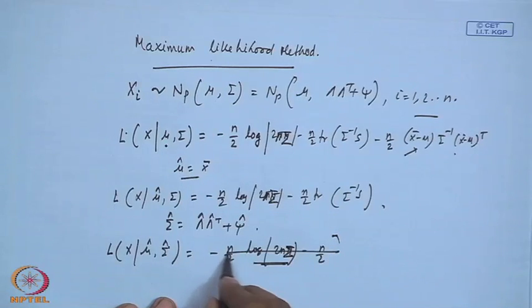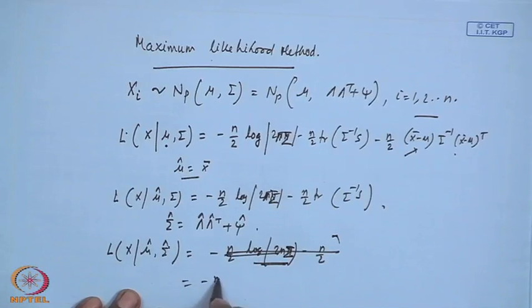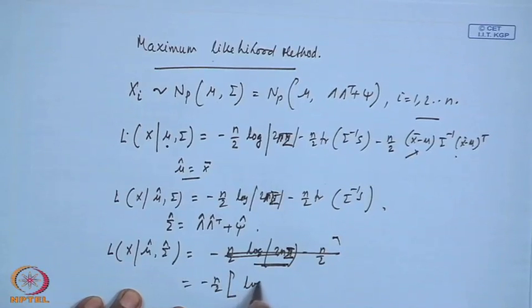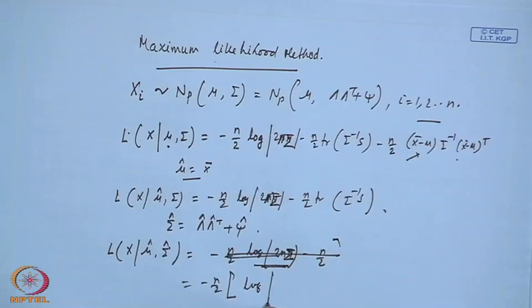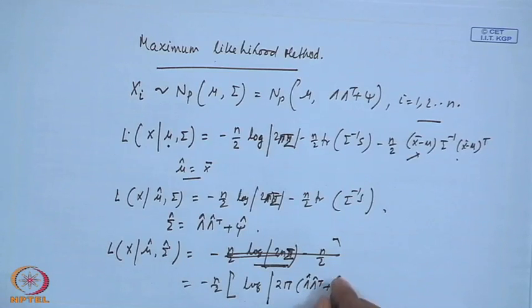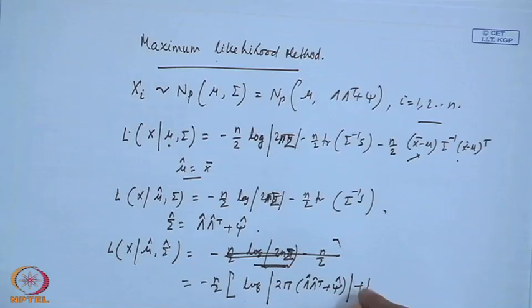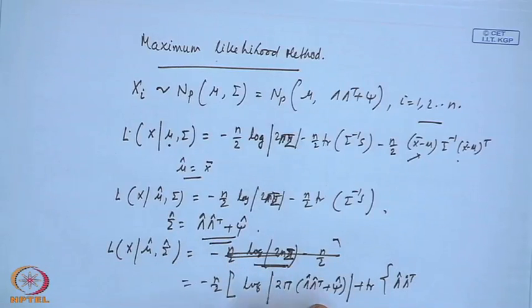So, I will change this one to like this: minus n by 2 log of the determinant of 2 pi (lambda cap lambda cap transpose plus psi cap), plus trace of, if we are using this, that sense we are writing it.